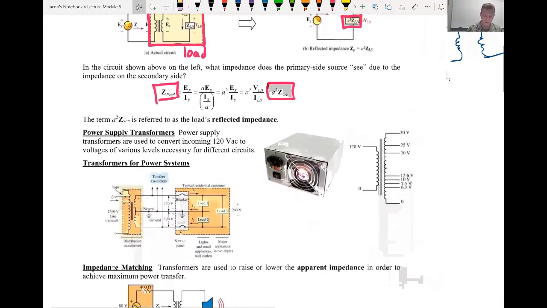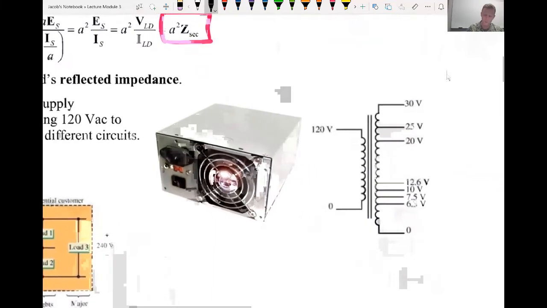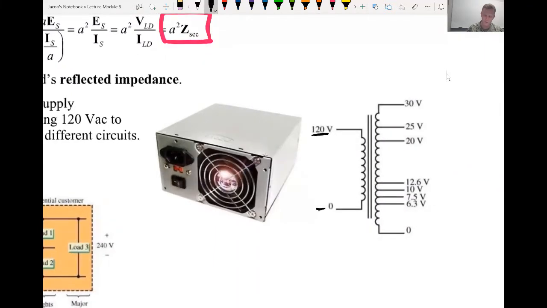So the rest of this part is just describing some of the applications of transformers. Note that if I had, say, 120 volts to 0 on this side, and that was my V primary, well then using this same coil, and I just send the current through the I primary on this side, I can transmit across this transformer multiple different voltages.